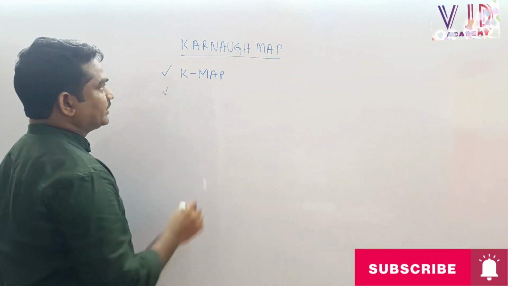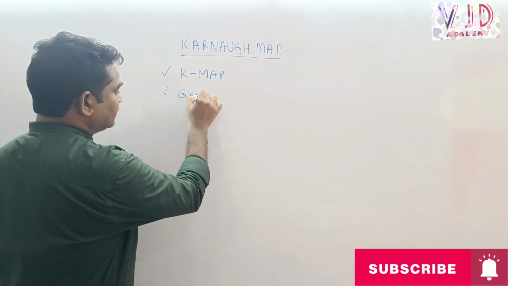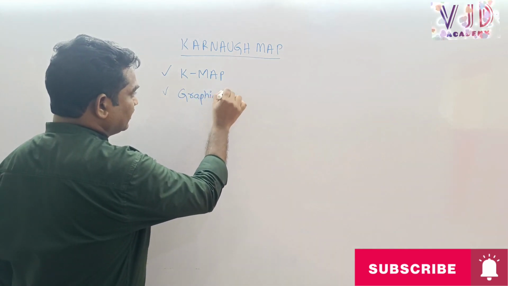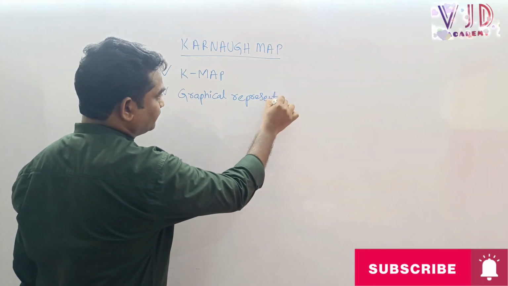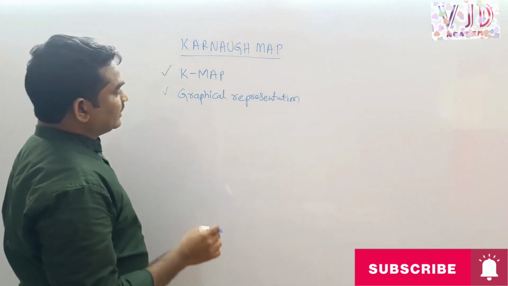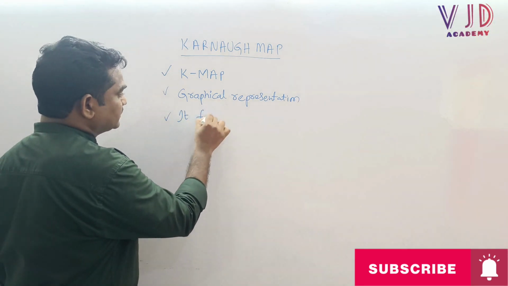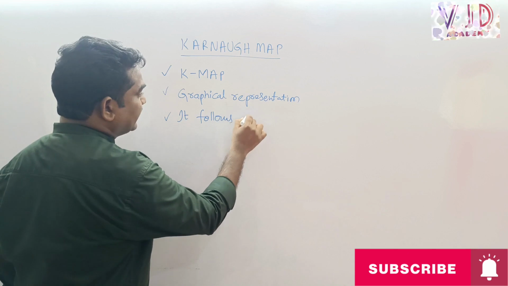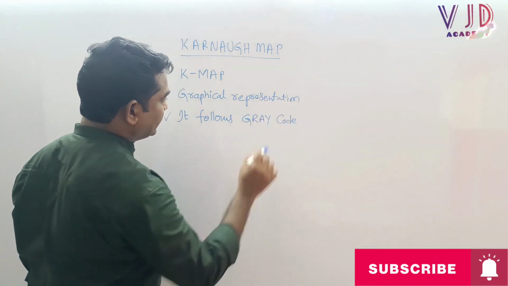The second point, Karnaugh map is a graphical representation method. Third, it follows gray code.